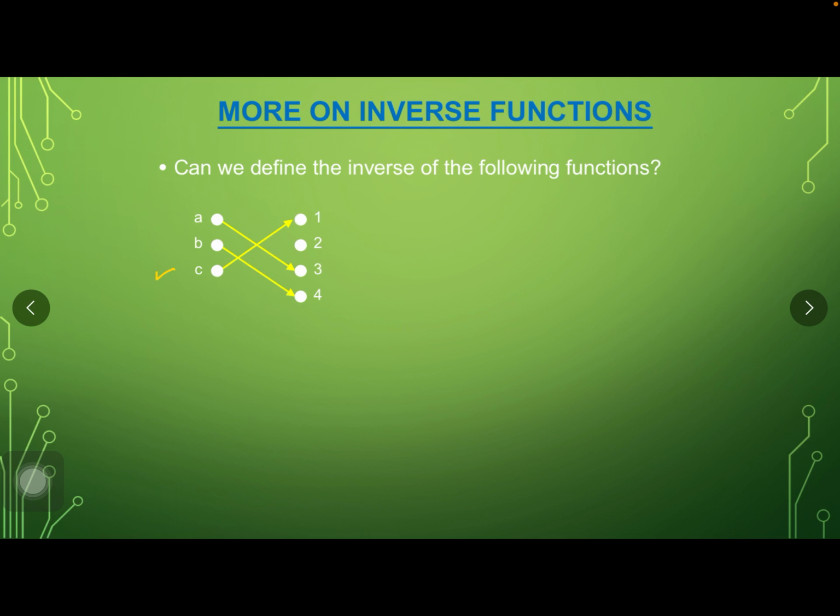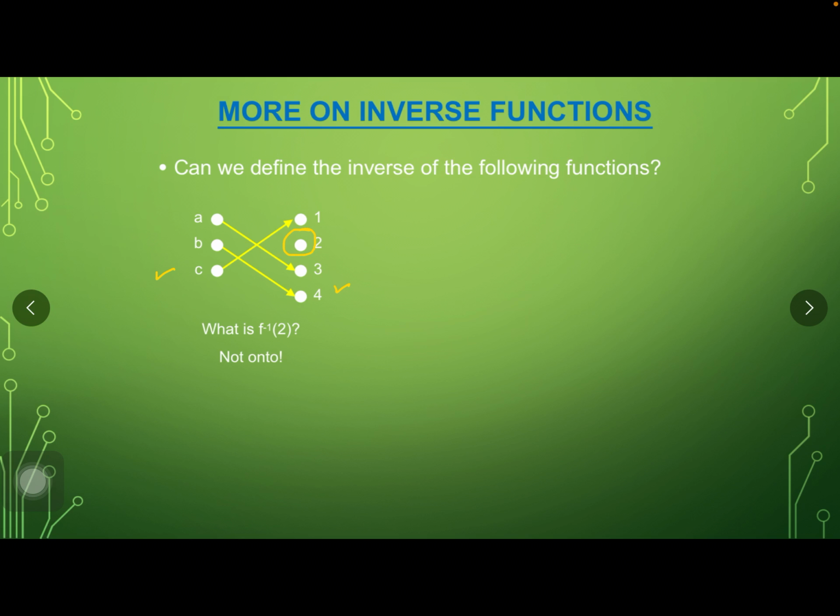So next, let's see some more inverse function examples. Can we define the inverse function for the following functions? Suppose this function has domain with elements a, b, c and codomain with 1, 2, 3, 4. What can you say about this function, can the inverse exist?